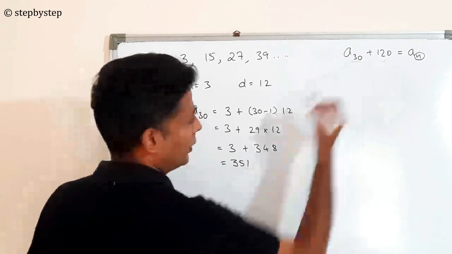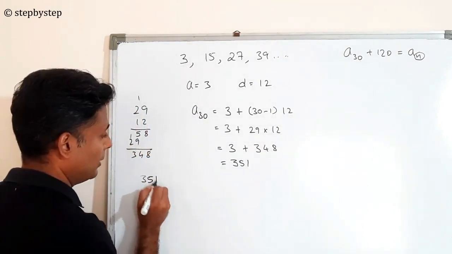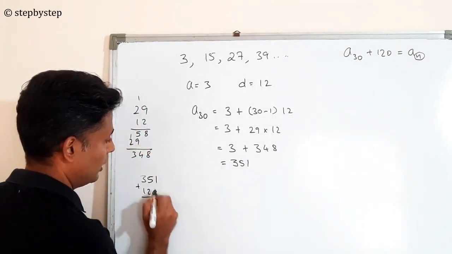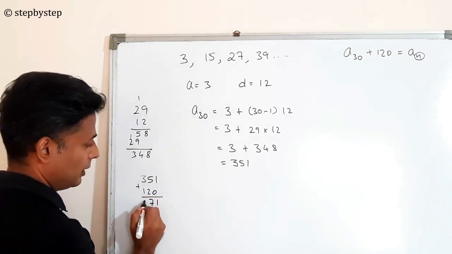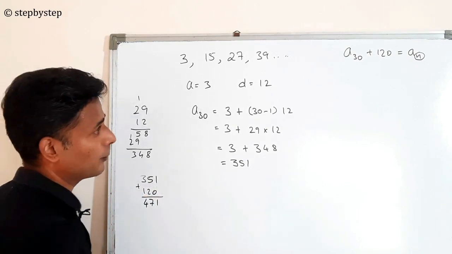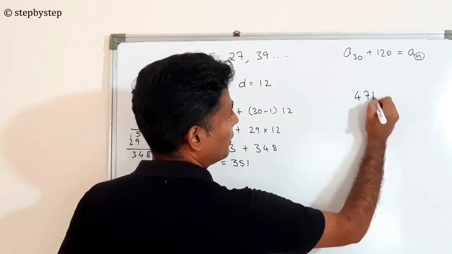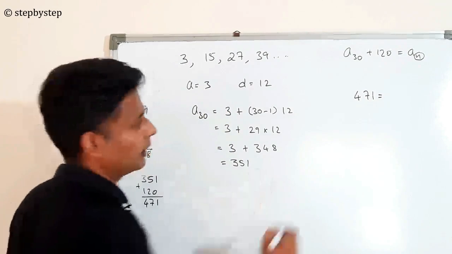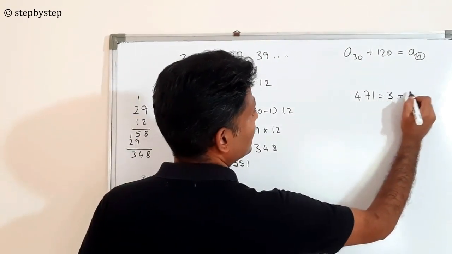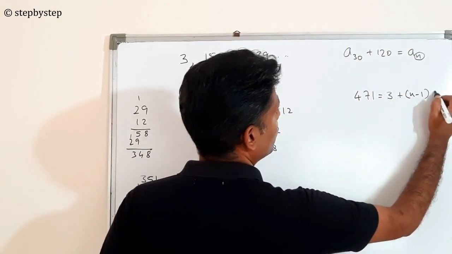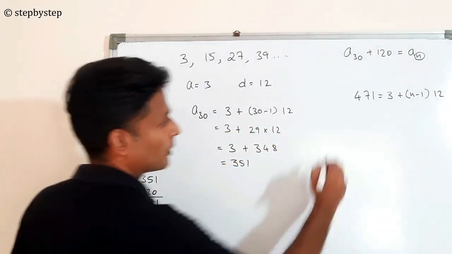Now we'll add 120 to it. So 351 plus 120 will be equal to 471. Now using this, A of 30 plus 120, that is 471, equal to A of n. So that is 3 plus n minus 1 into D, that is 12.